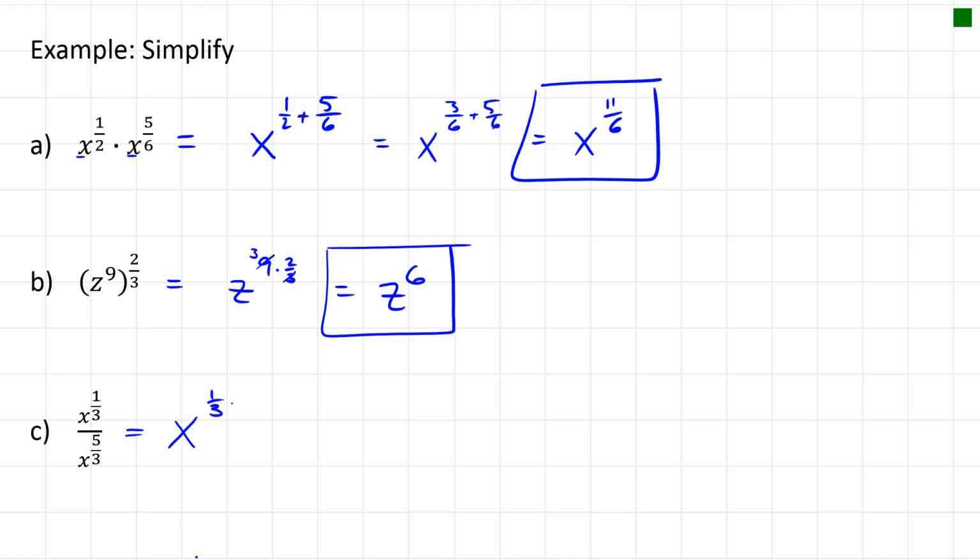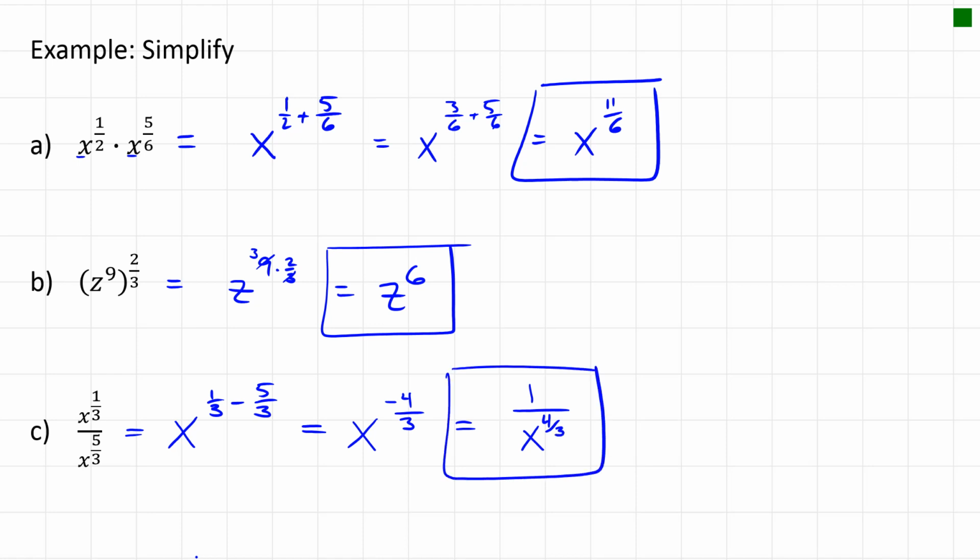So that would be x to the 1/3 minus 5/3. And if I do that, I get x to the power of 1 minus 5 is -4 over 3. But I don't like having negatives in my exponents, so I'll rewrite this as 1 over x to the power of 4/3. So that would be one route you could take.